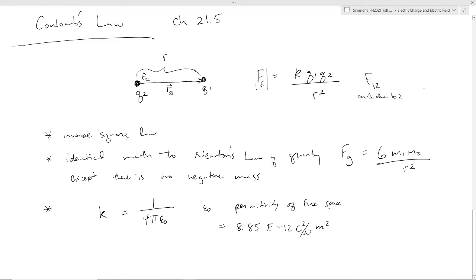I would encourage you to be very explicit about this until you get comfortable with it. That would be a vector. The magnitude of that we already talked about, so that will be K Q1 Q2 over r21 squared. And then the direction would be given by that unit vector, r hat 21. Now, sorry, I erased my unit vector here.